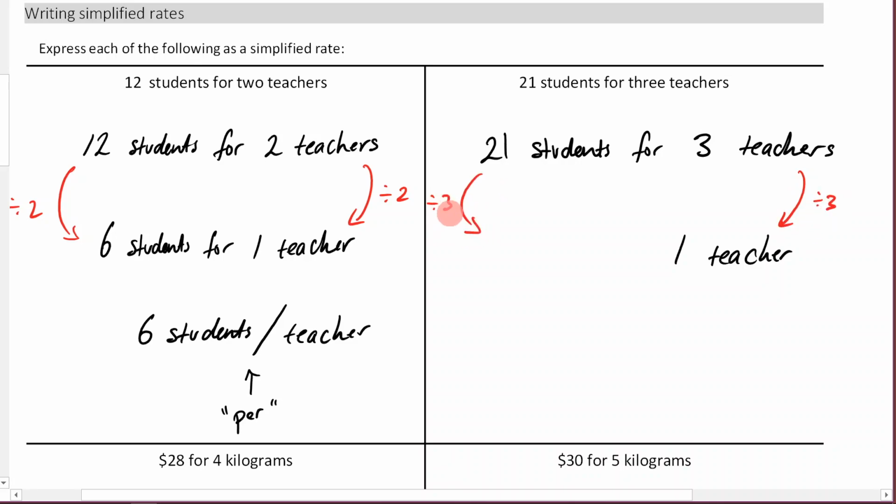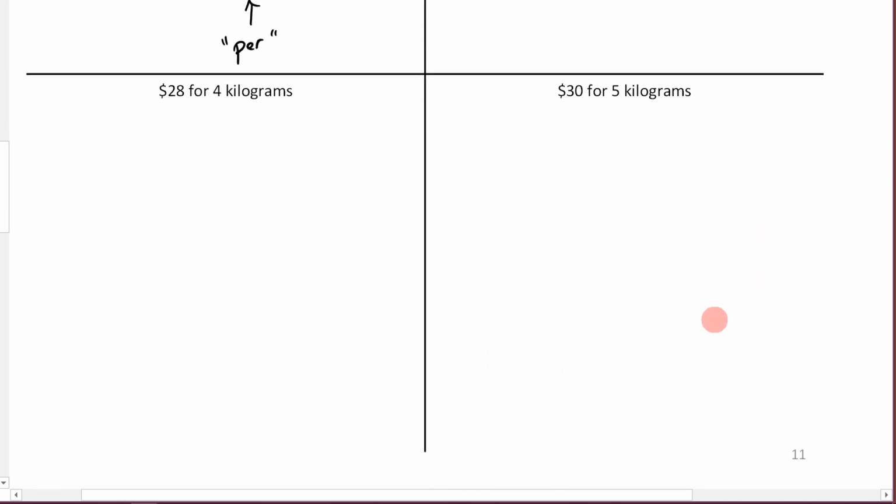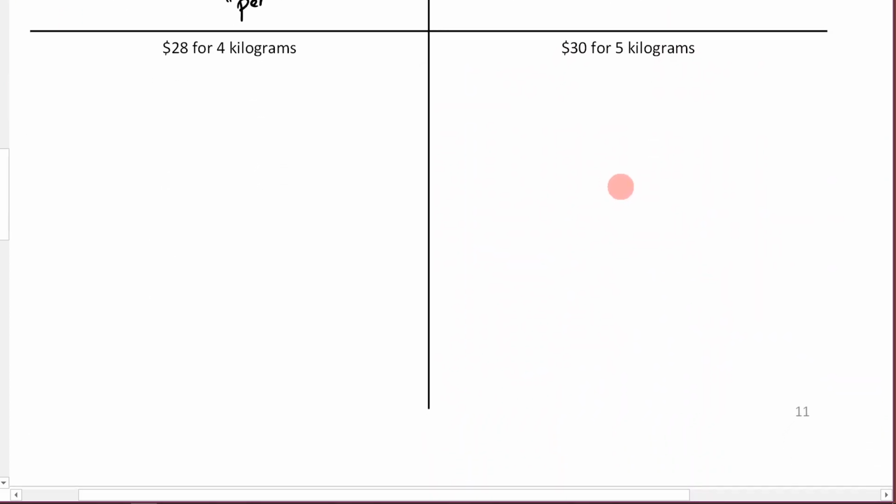So I have to do that to the other side as well. Remember, whatever you do to one side, you must do to the other, which means I'm going to get 7 students for 1 teacher, and I can write that as 7 students per teacher. So hopefully you got both of those. Let's go through 2 more examples and then we'll stop this part of the lesson.